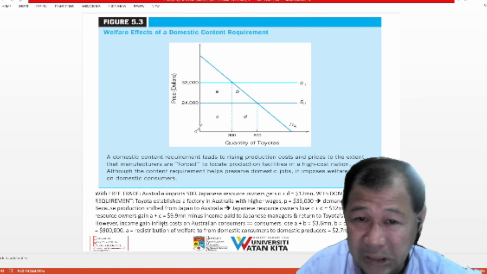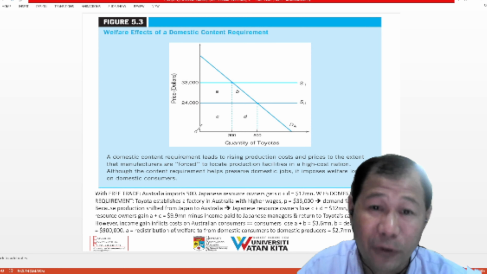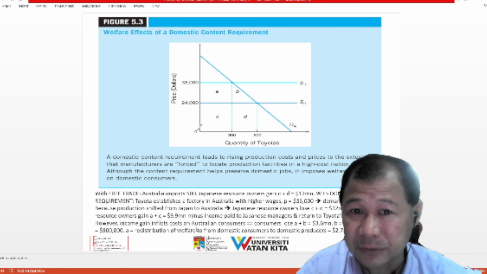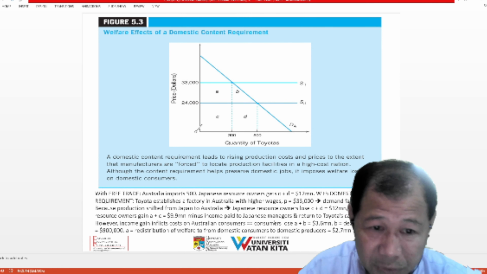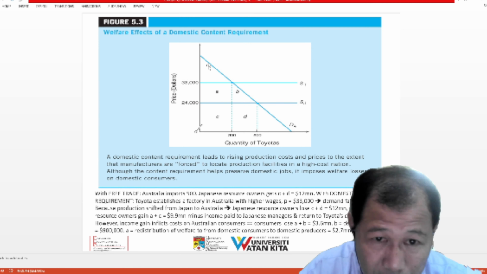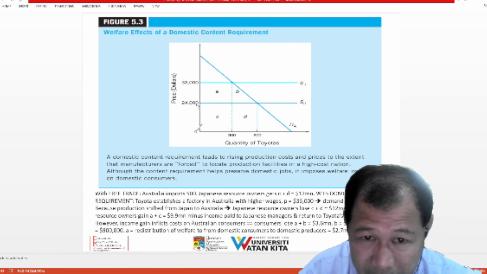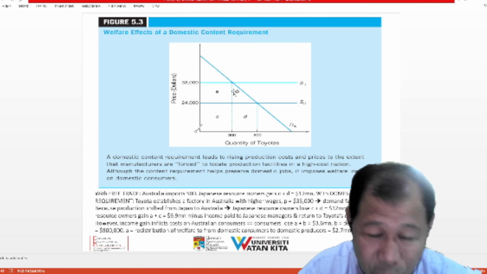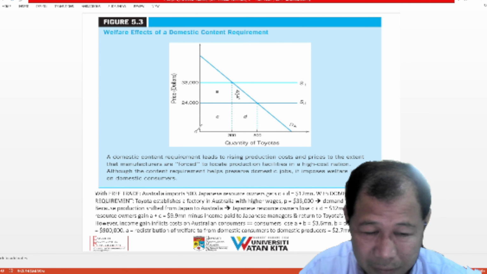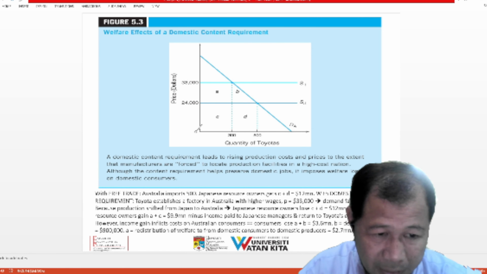However, the income gain inflicts cost onto Australian consumers. Consumers lose. Originally, consumer surplus is all the way here, including A and B. Now, consumers have lost A and B. You can calculate that.